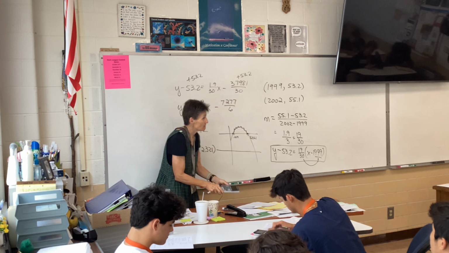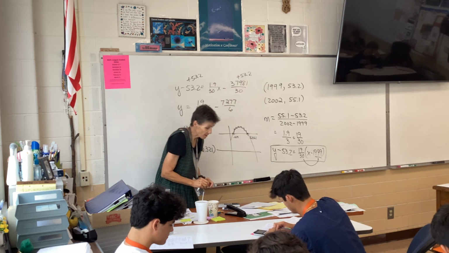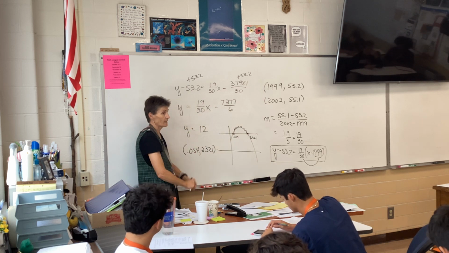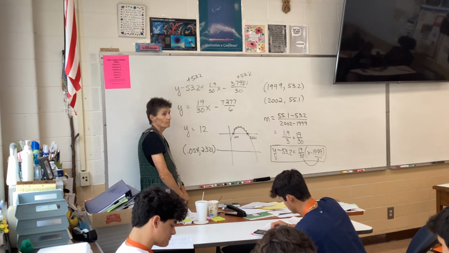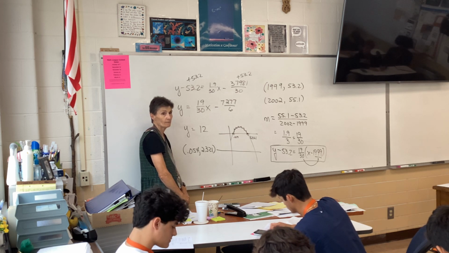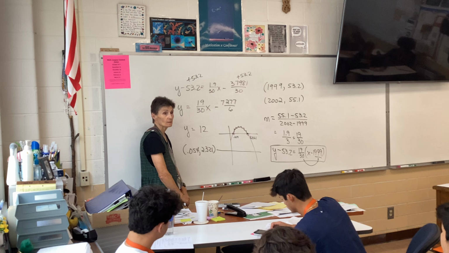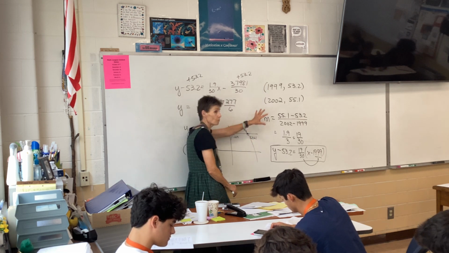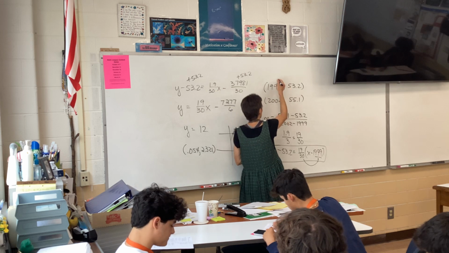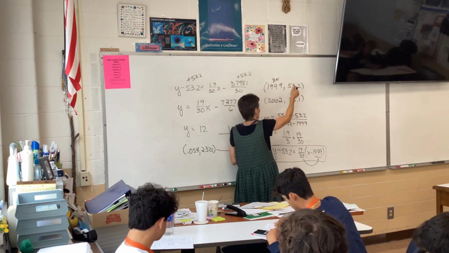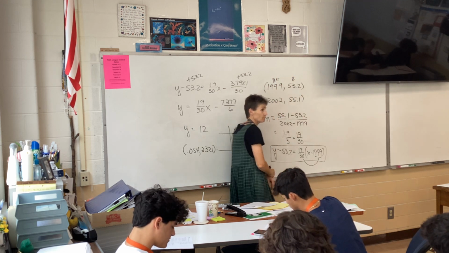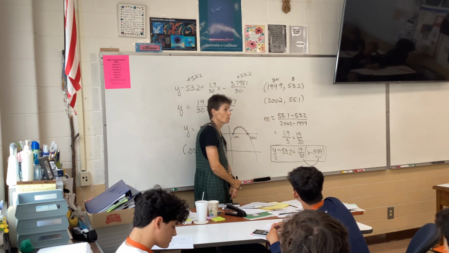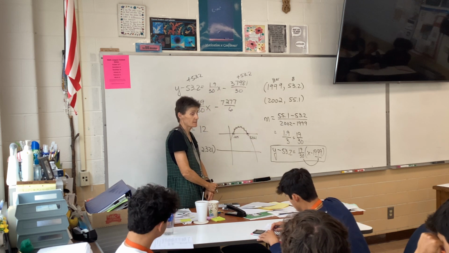Now, last thing, and then you're gonna go to lunch. Find the imports in 2020. Put 2020 in for, now remember, in your ordered pairs, these were the year, and these were the money. So where does 2020 go? X. X, it's a year.